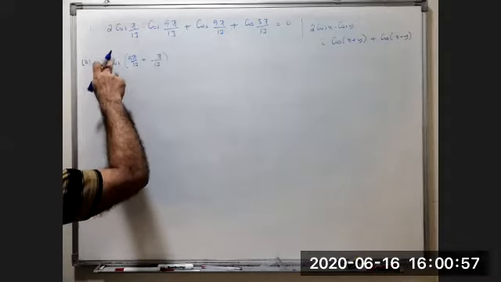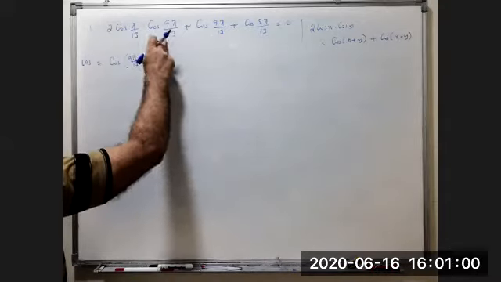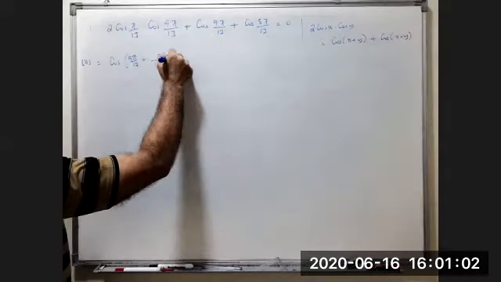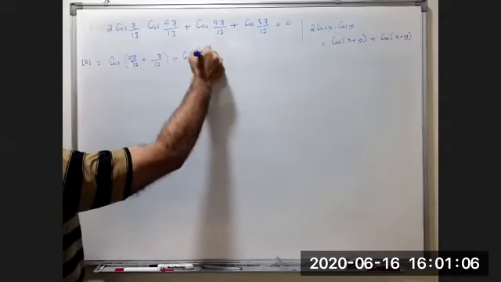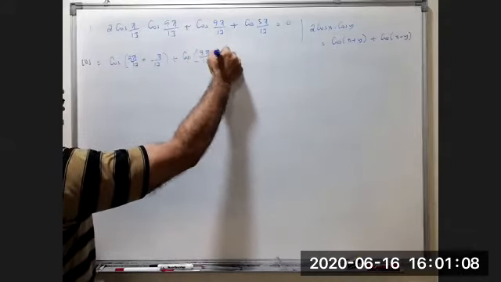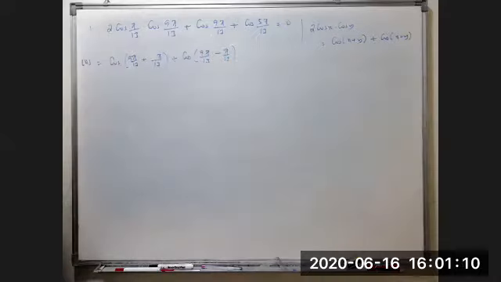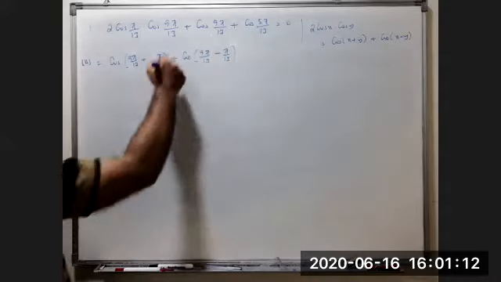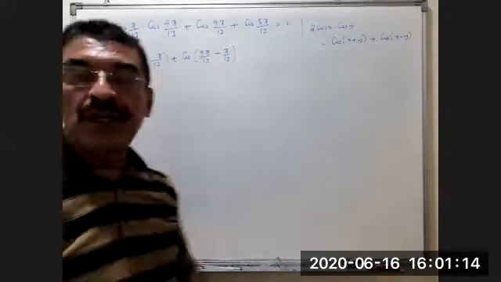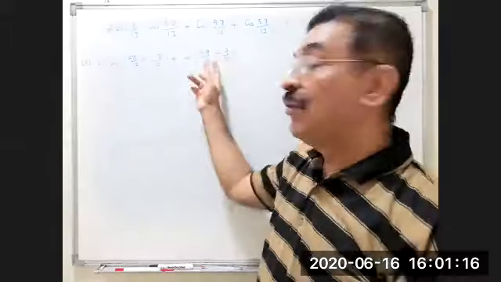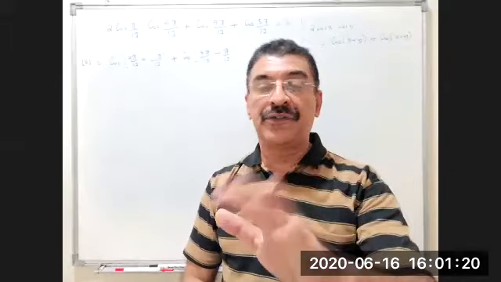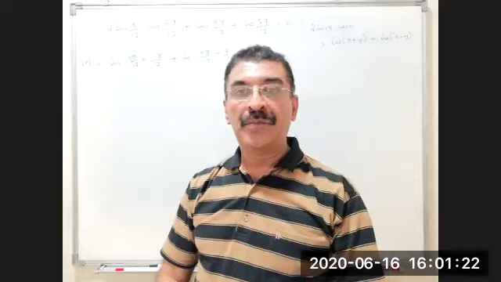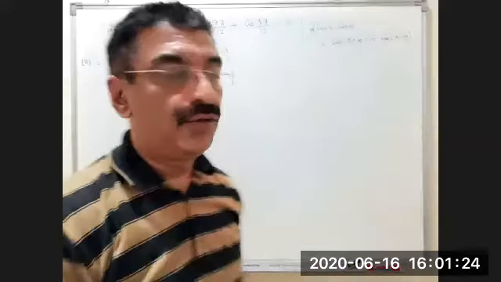So 2 cos x cos y is cos x plus y plus cos 9 pi by 13 minus pi by 13. In this question, whether you are getting positive or negative, no problem, because cos of minus x is cos x itself.